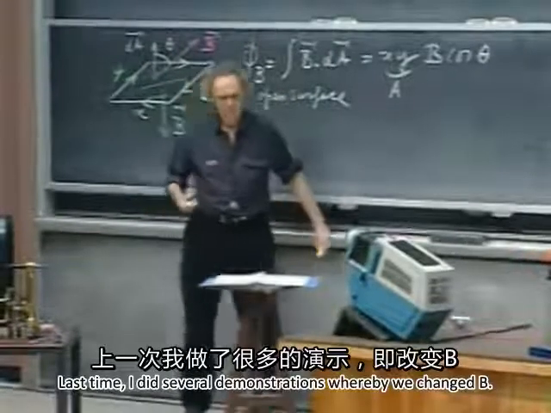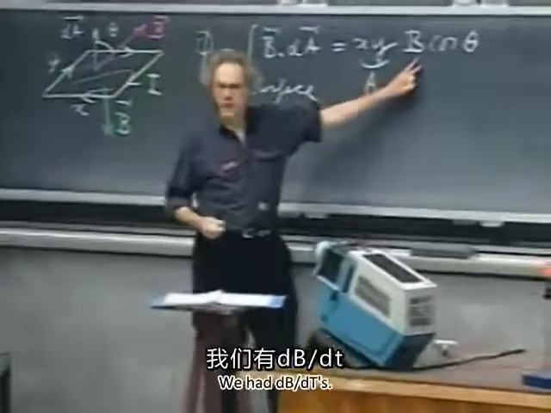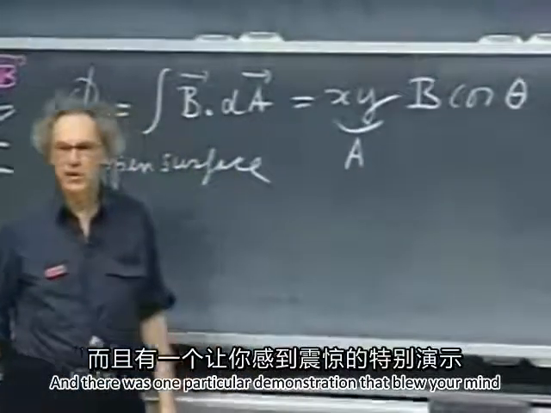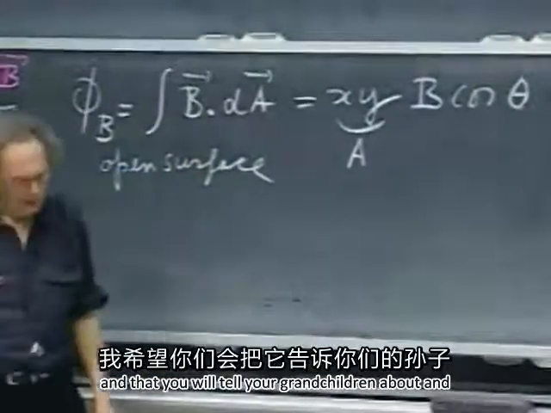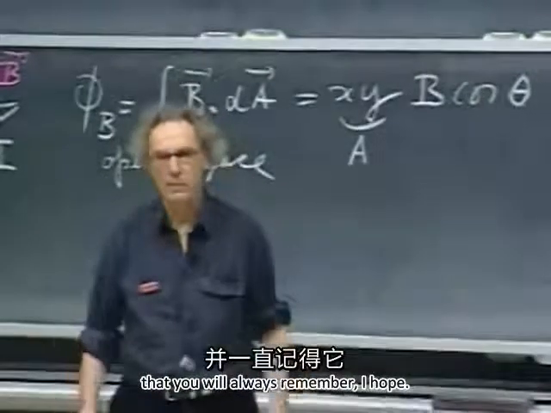Last time, I did several demonstrations whereby we changed B. We had dB/dt's. And there was one particular demonstration that blew your mind and that you will tell your grandchildren about and that you will always remember, I hope.